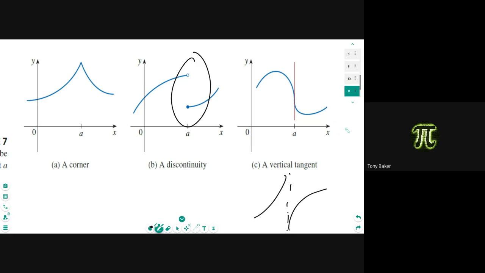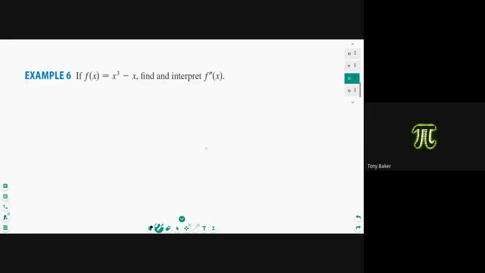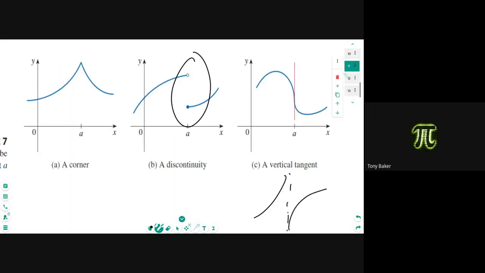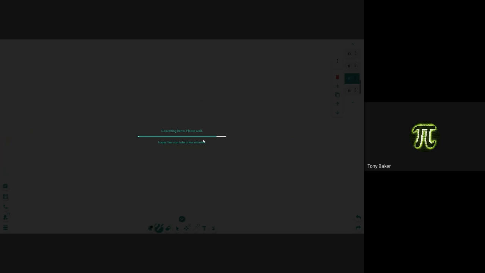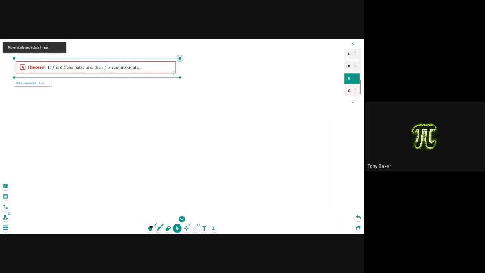So remember we talked about continuity before. This is the one theorem that's actually important.